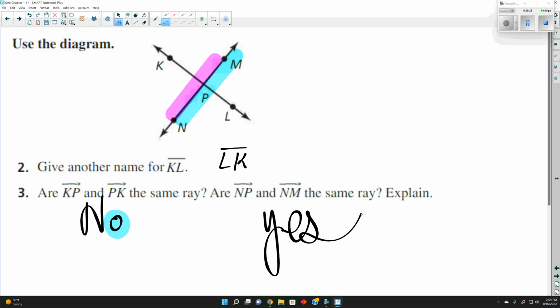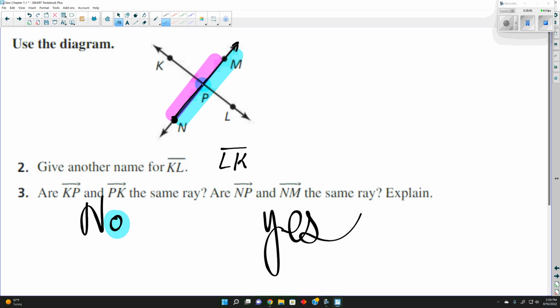Because where's the endpoint for both NM and NP? So NP would go through P and continue through M. Because again, a ray has a single endpoint and continues indefinitely in one direction. So in NP and NM, because it goes through P, it'll still go through M. For NM, it goes through P to get to M and continues on.